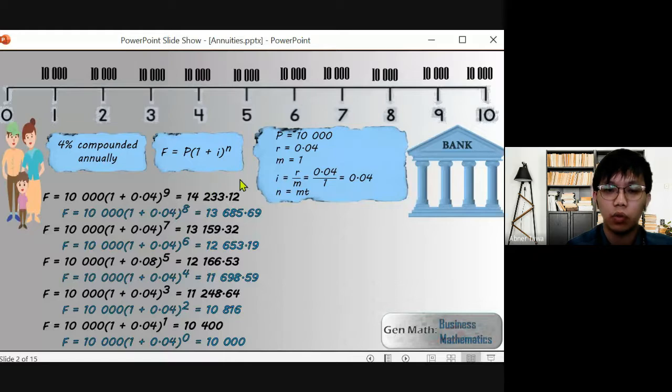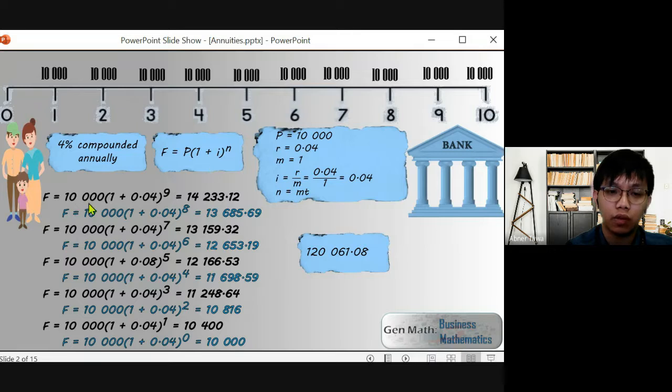Okay, if you're going to answer the question, how much is the total savings that can be withdrawn by the family of Kenneth, that will be 120,061.08 pesos. How did we arrive at this? Just add the future values of each 10,000 or each payment.